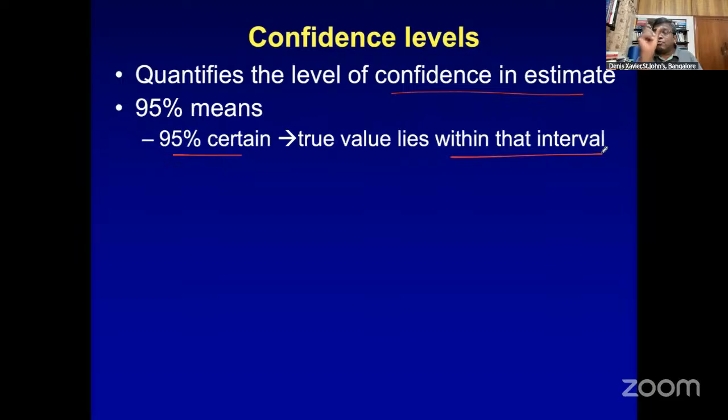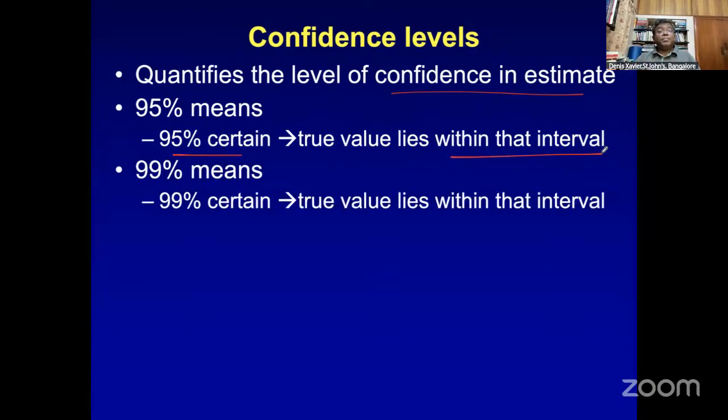That's why we want it narrow, we want it precise. 99% means I'm almost 100% certain that the true value lies within that interval, right? Remember, what we have found is the sample value. We're looking at the population value. So in that population, when I do this research again, 99 times it will fall within that, which is wonderful.